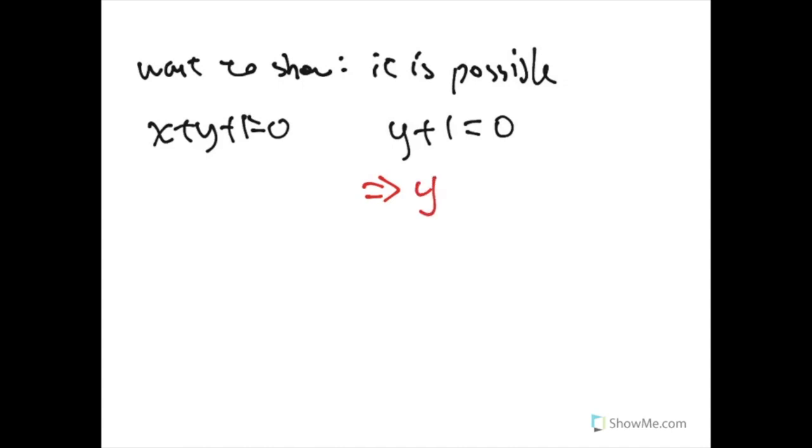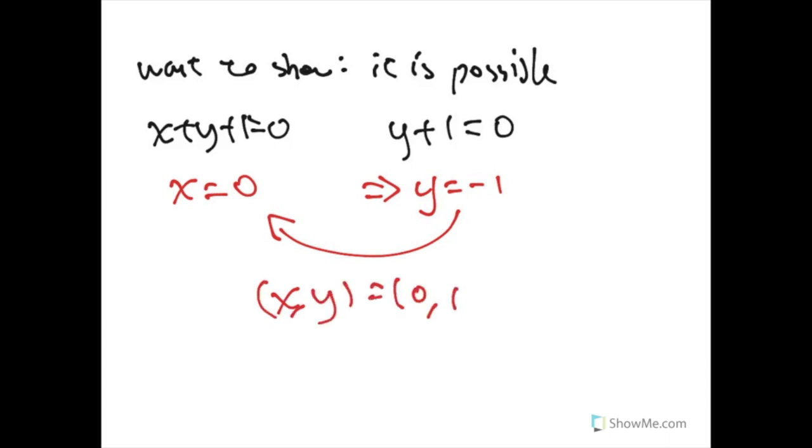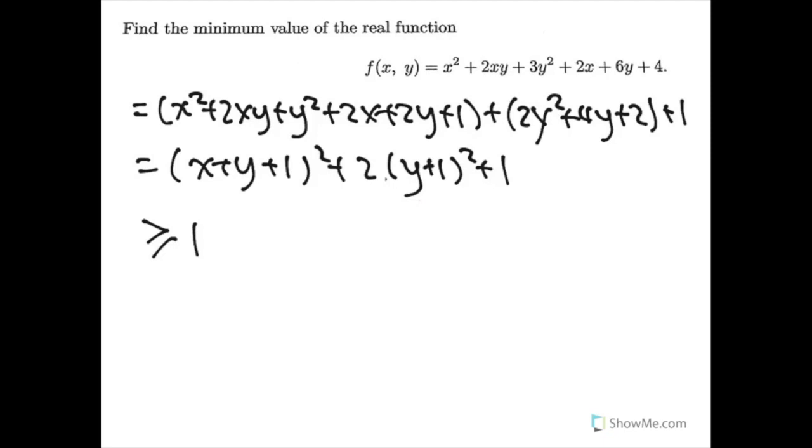That's really simple. y is equal to -1. And we very quickly see that we can plug this back in to see that x is equal to 0. And so when (x, y) is equal to (0, -1), these 2 squares here are indeed equal to 0. And so this minimum value of 1 is actually achievable. And so the answer to this problem is 1.